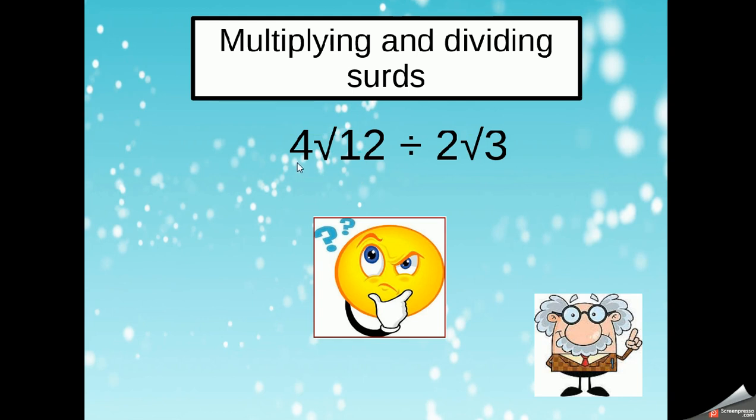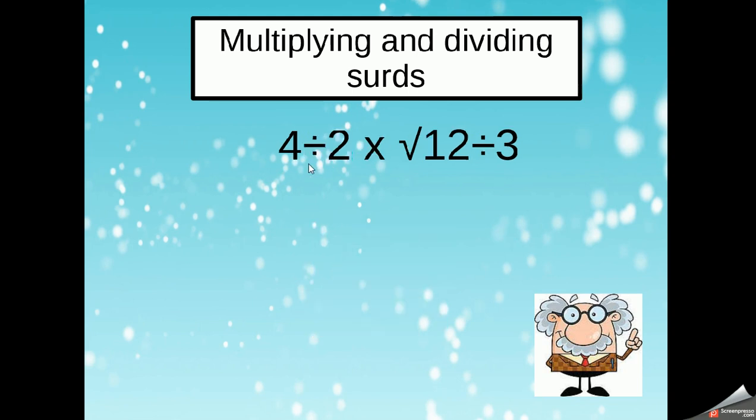So here we've got 4 roots of 12 divided by 2 roots of 3, and it's slightly different to the multiplication one because this is actually 4 times the root of 12 divided by 2 times the root of 3, and we can't just move this around in the same way. Instead, when we reshuffle them, we've got to make it 4 divided by 2 times the root of 12 divided by the root of 3.